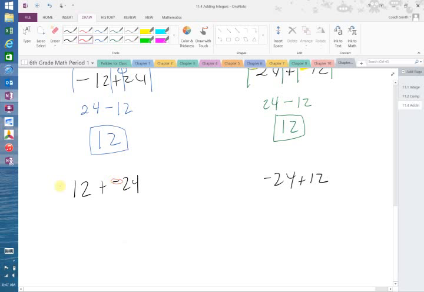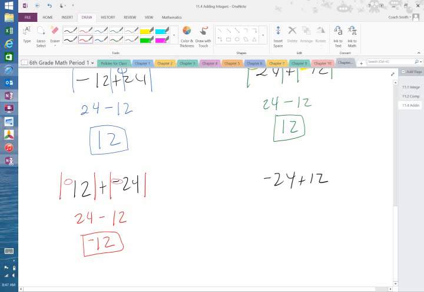I have a negative and a positive. So I take their absolute values and I subtract their absolute values. 24 minus 12, 12. Now, which has the larger absolute value, the negative or the positive? The negative. So it is negative 12.